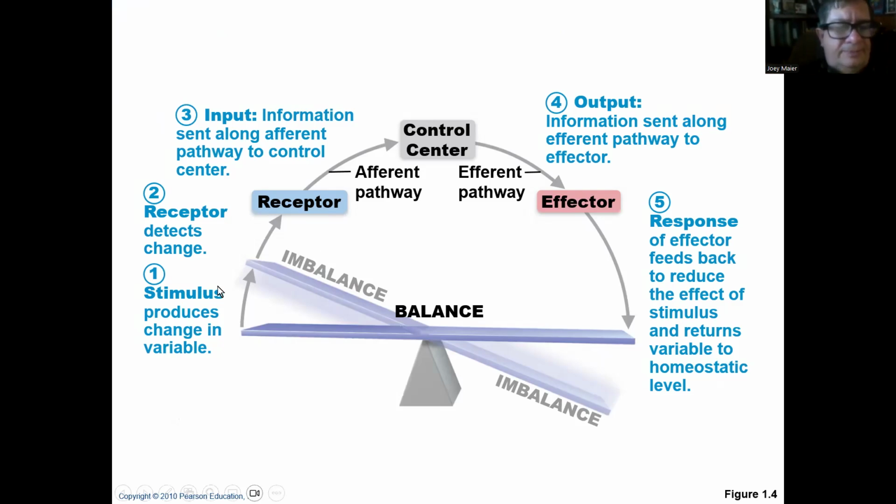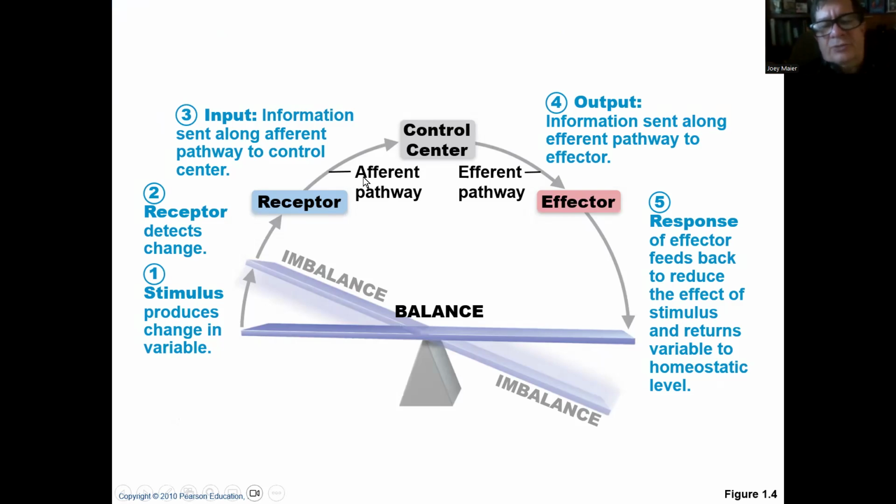But when we look right here, we have a stimulus, and in temperature, we used the example already of your thermosensor telling you your temperature. Sorry, this is the cold. Then the receptor tells you the temperature. Input, you send that signal to the central nervous system. And these two words, efferent and afferent, are really important.